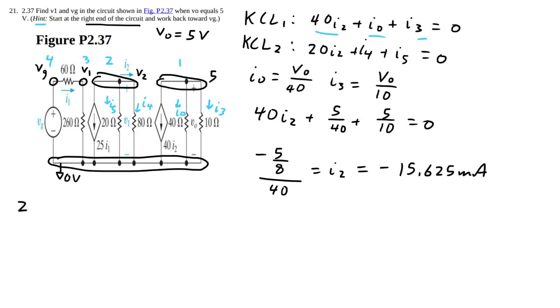So 25 times I1 is going to be, let's see, I2. Oh, I'm sorry. I was looking at the wrong one.